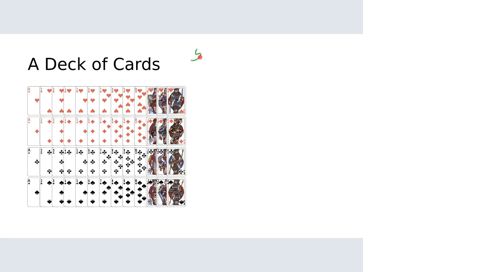First thing to take note is there are 52 cards total, and they're divided into 4 what are called suits. We have one suit up here that is hearts. Underneath that, we have diamonds.